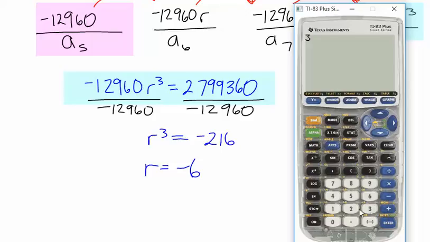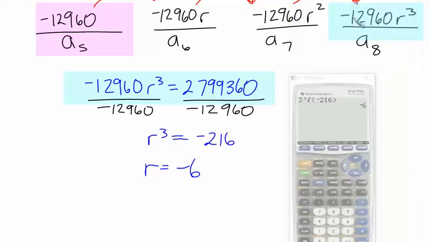You need to type the 3 first, but then you hit the math button over on the left. And notice where it has the xth root of a number. So we want the third root of, hit enter, parentheses, negative 216, and close your parentheses, and that does turn out to be negative 6.